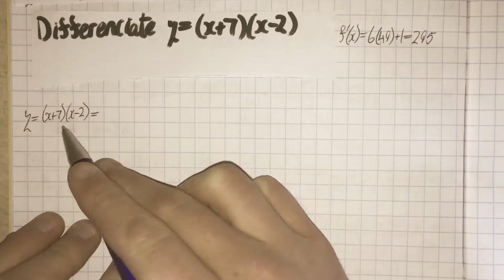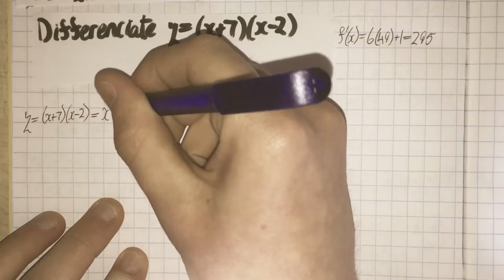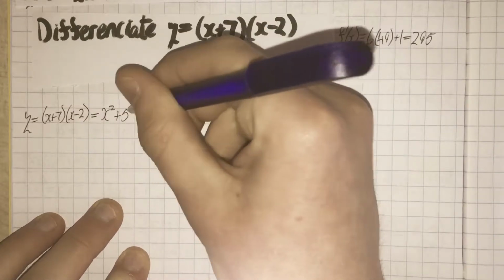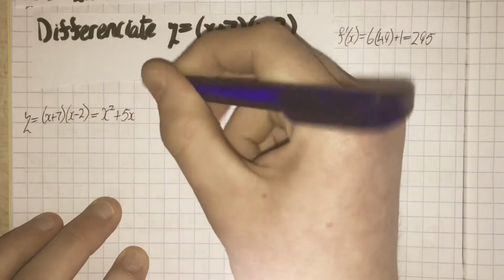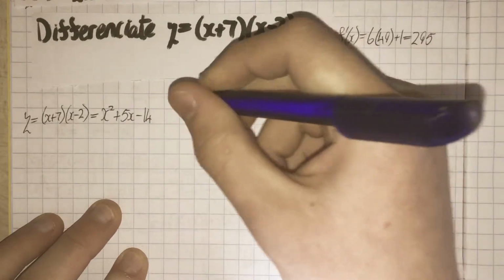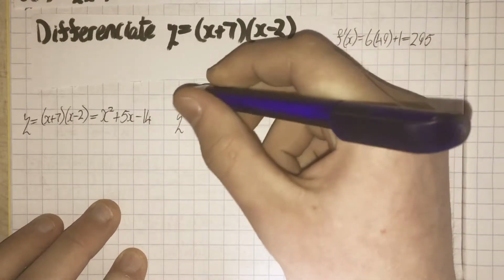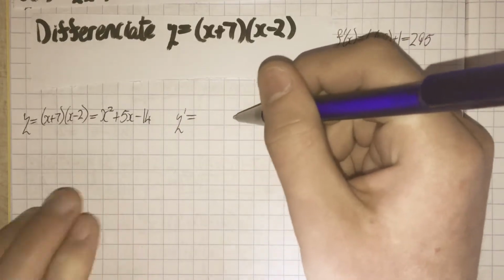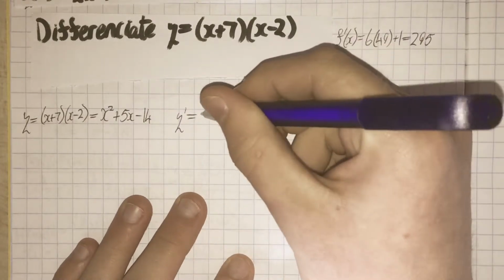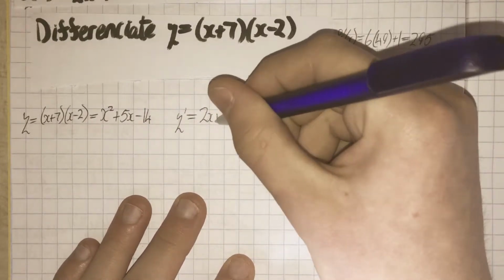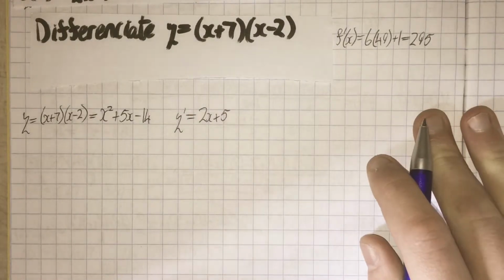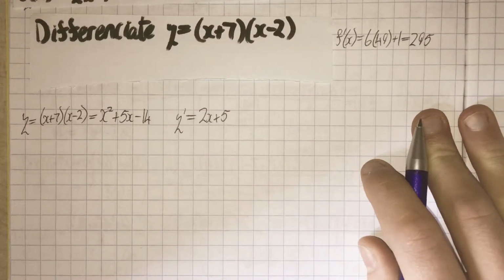If we expand these brackets out, we're going to get x squared, of course, plus 7 minus 2, 5x, and minus 2 times 7 is minus 14, which means if we are to differentiate y, so to find y prime, y dash, we'll get 2 times x to the power of 2 minus 1, so that's just 2x, plus 5. Well, there we go then. That was a handy-dandy example.